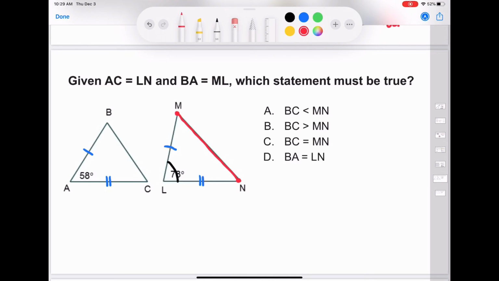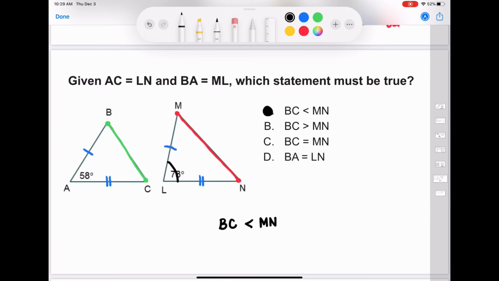So MN will be the largest side. It will be greater than the side of BC. So we want to look for a statement that tells us that MN has a greater length than BC. And so therefore we will select A as our answer choice.